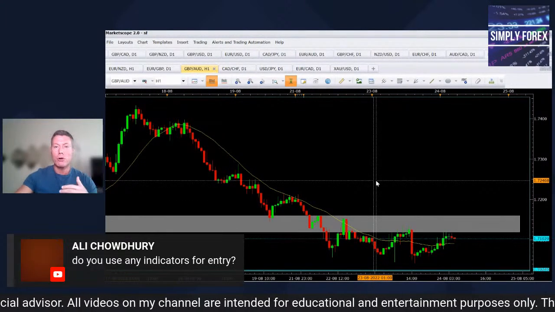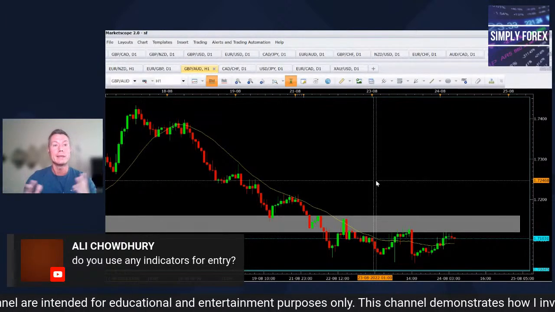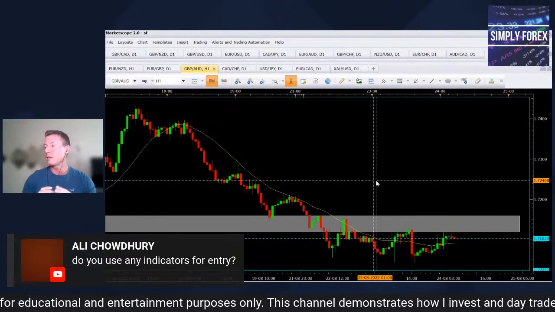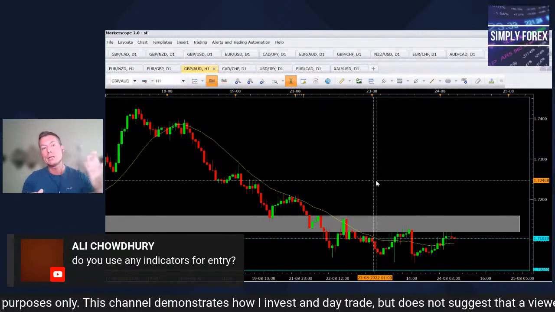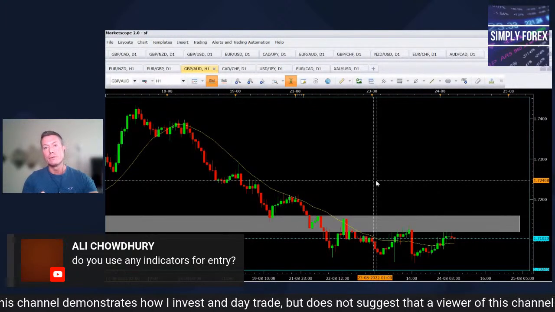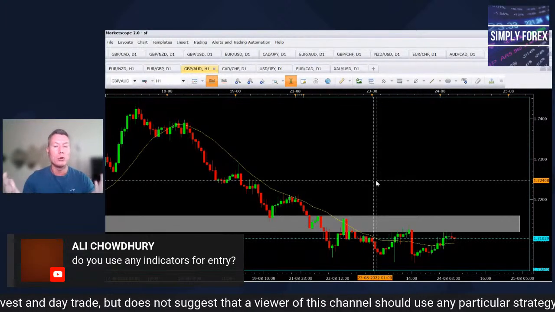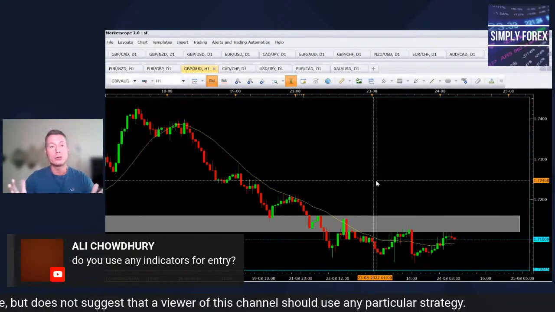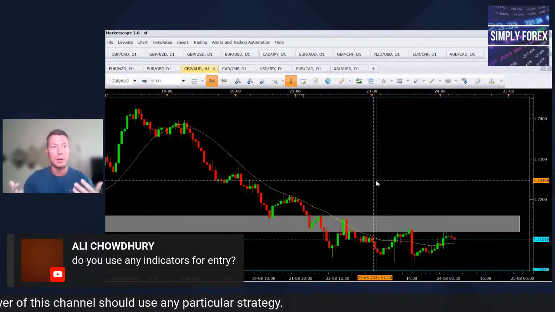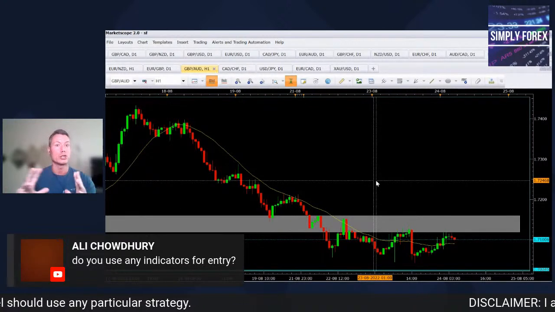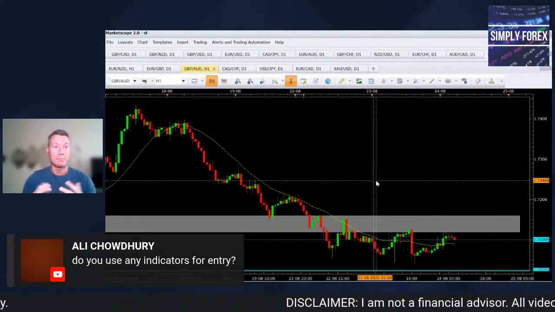I've tried all sorts of indicators over the years, and they're just simply lagging. They're relying on historical data to form current data. So for me, there's no better way to trade than price action. Support and resistance, areas of supply and demand, market structure, and price action.